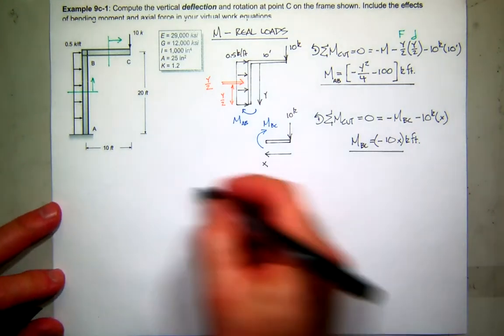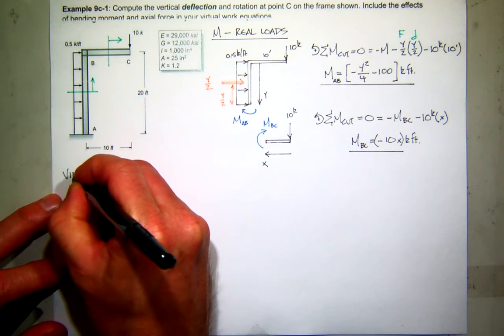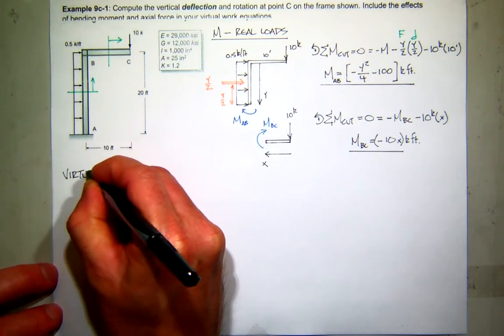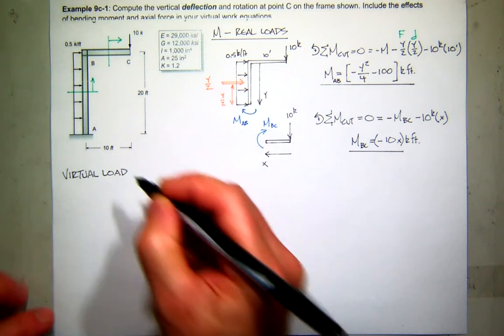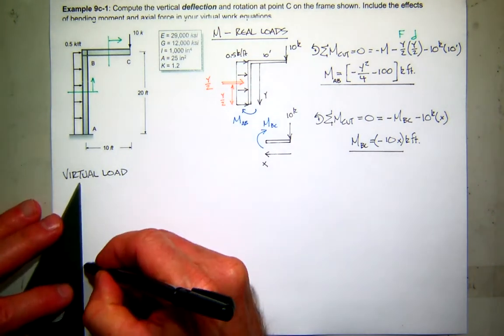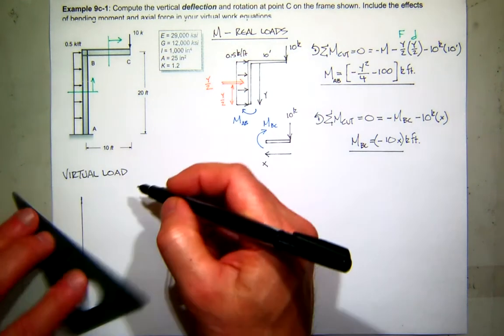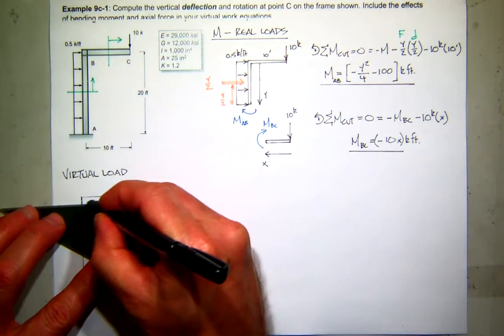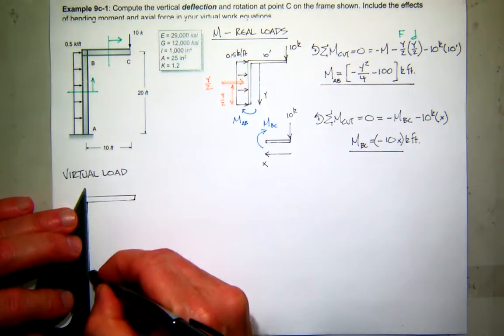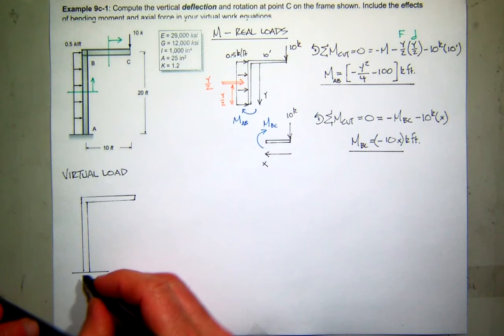So the next thing we want to do is let's look at our virtual system. In that case, we're going to have the same geometry that we had before. So I'll quickly sketch out something that kind of looks like our frame.